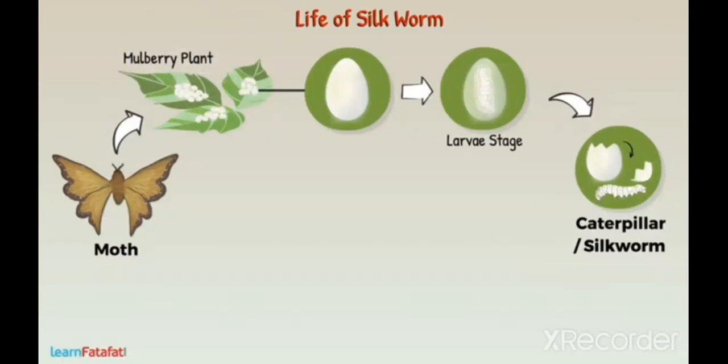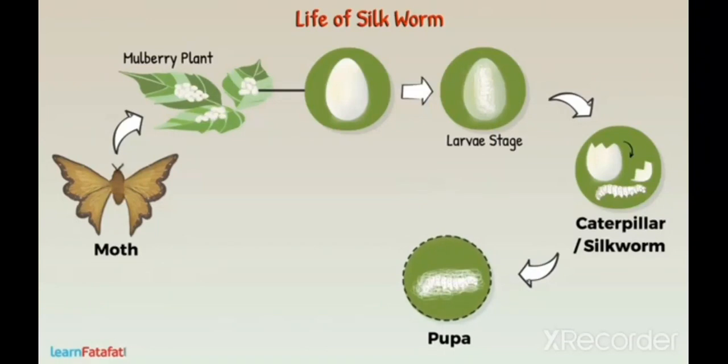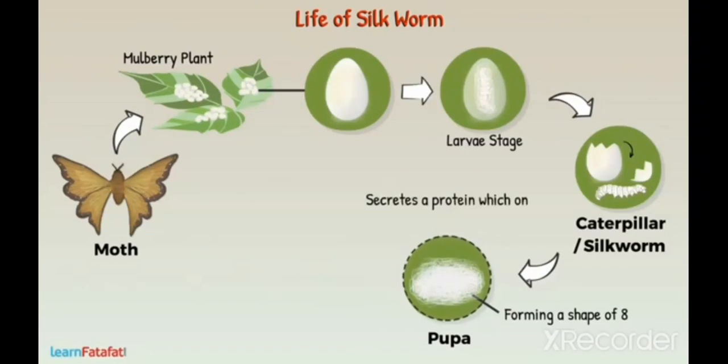When it grows and is ready to enter the next stage of the life cycle called pupa, it starts weaving a net around itself. It then swings its head from side to side, forming a shape of 8. While doing so, the silkworm secretes a protein which on exposure to air becomes hard. This is the silk fiber.